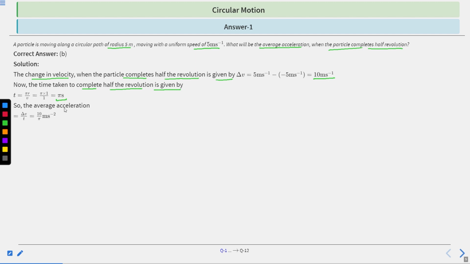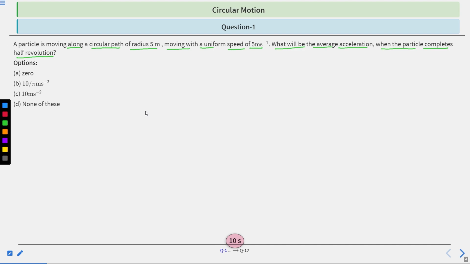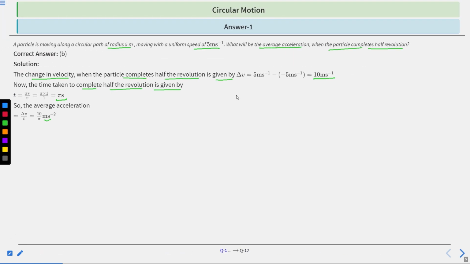So the average acceleration is delta v upon t, which is equal to 10 by pi meter per second square. So the correct answer is B. Here r is 5 and speed is 5, so the 5s cancel out, so one only is left. Next question.